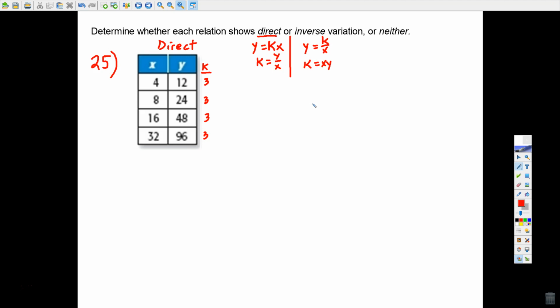Okay, so hopefully that helps. Just follow my pattern here, and it's all about k, really. If you're looking at a set of ordered pairs called a relation, how do you determine k, that constant, that same number that appears either by multiplication, which would involve inverse variation, or division, which would involve direct variation.